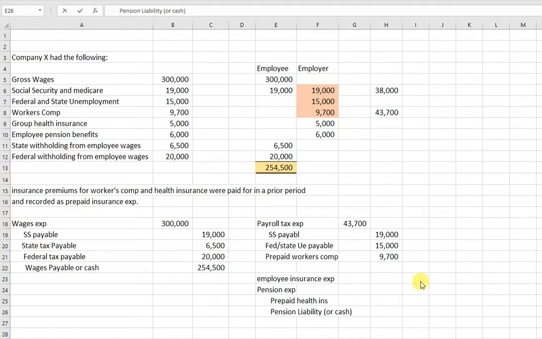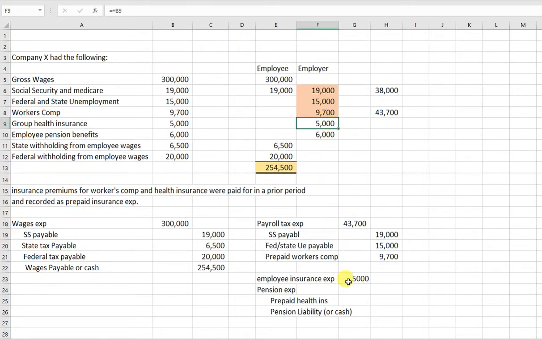And now I'll pause. Okay, so now we have the $5,000 and $6,000 left to go, and group health insurance expense is $5,000. Notice if the employee had paid a portion of it, it would have just gone into this journal entry as health insurance payable, and it wouldn't have affected this. So this one would still be the same.